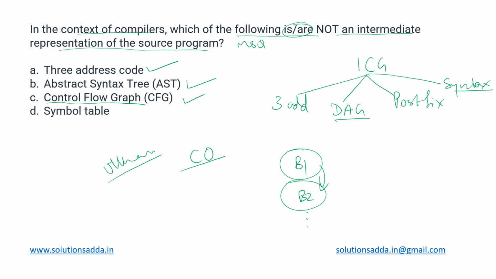The only one left out is symbol table, which, as we know, is actually a data structure and not a representation of a source program. This is used in all the phases of compiler, starting from the first phase and then going to linking, loading, and so on.